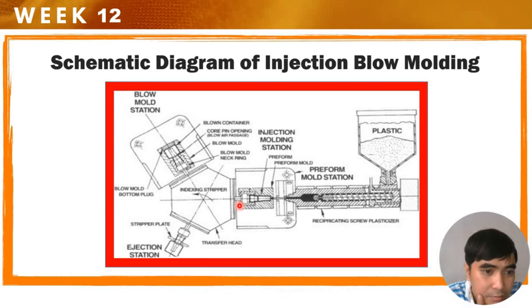Then it will be transferred here to the indexing shipper, meaning it will be attached here to the blow mold. Then it will be blown by air so that it gains its right dimension or desired shape.